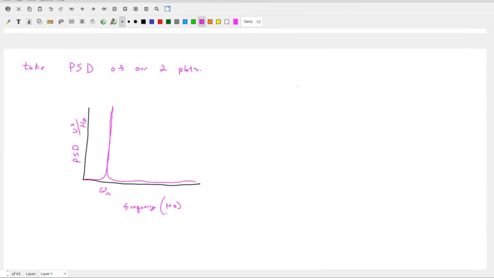All right. So now let's go ahead and look at the power spectrum density of our random signal. Right?